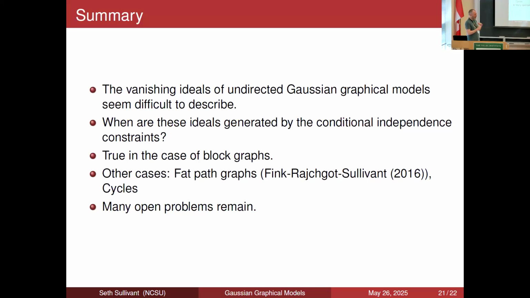The big open question is to understand for which graphs the ideals are generated by just these determinantal conditional independence constraints. It's true for these categories: block graphs, fat path graphs, cycles, but there are many open problems that remain. I'm over time, I think, and I will stop here. Thank you for your attention.